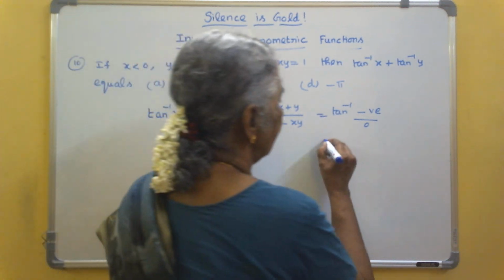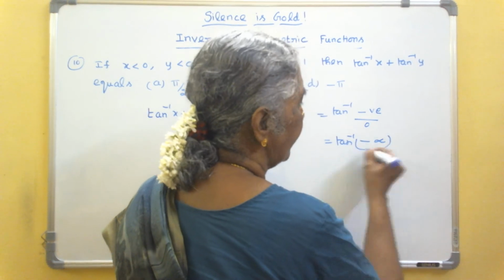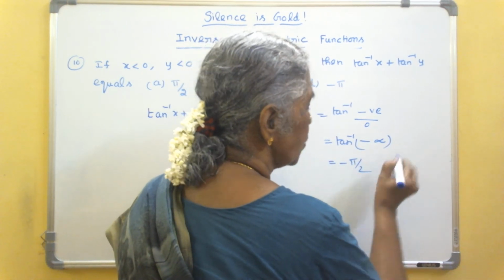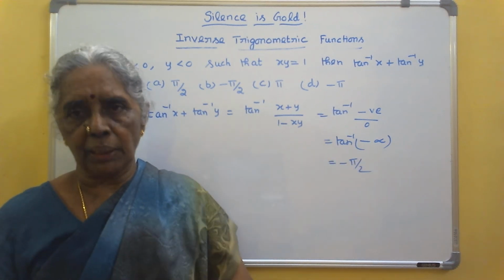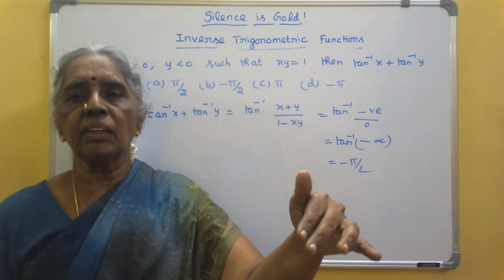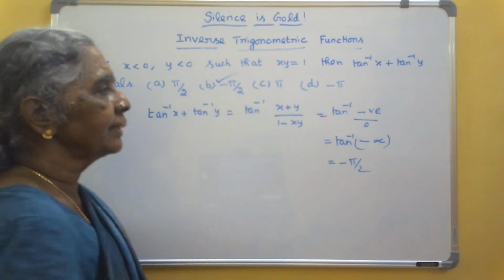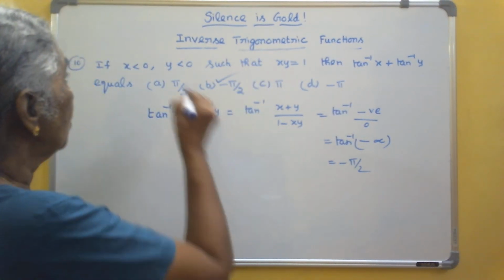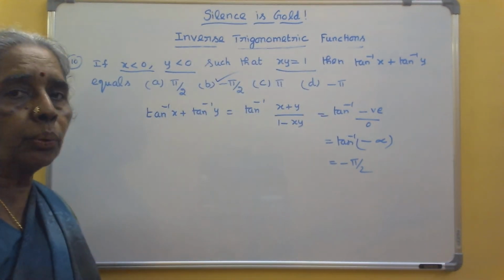So, I will get tan inverse of minus infinity. So, the answer is minus pi by 2. You know, tan inverse of infinity will be pi by 2, and tan inverse of minus infinity will be minus pi by 2. So, the option B is the correct answer here. So, you have to check all the 3 conditions and then you have to write.